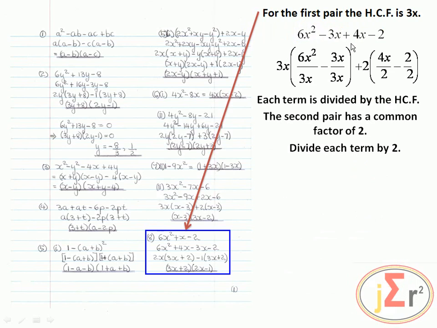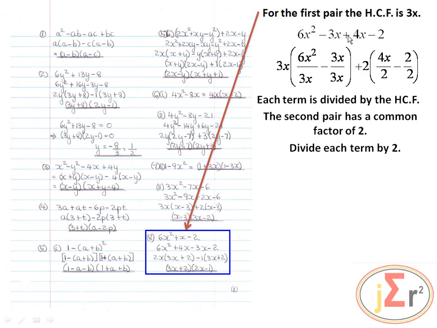Now, take note that the sign that begins the second pair is positive on this occasion. Therefore, we will use a positive sign for our common factor, as we have done on a few occasions.